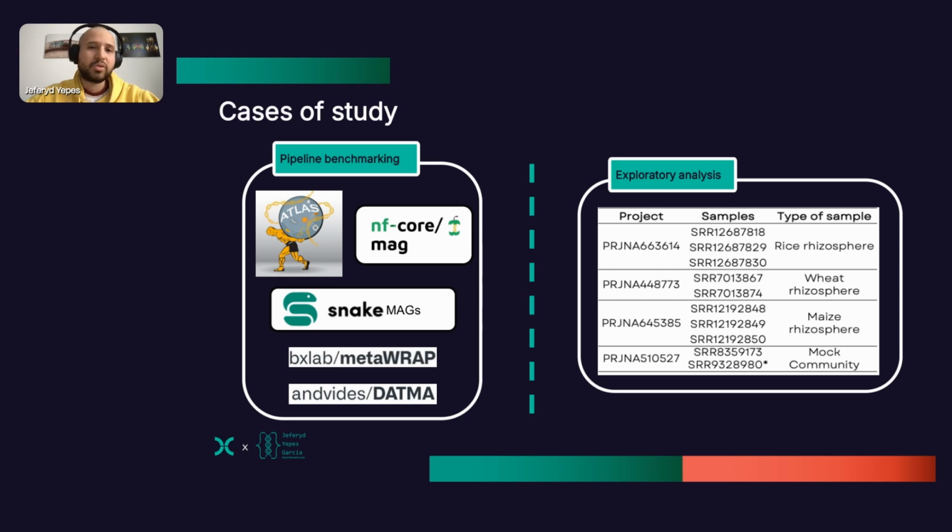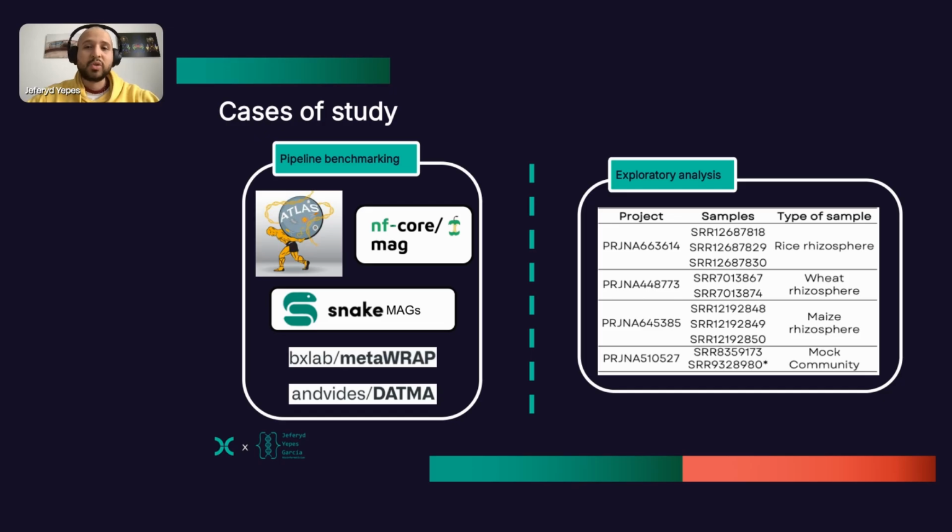We took the bins or the MAGs they produced, and then we ran MAGFlow, and with MAGFlow and BIgMAG we established some conditions to compare them and to see what the differences would be in terms of the quality of the bins or MAGs we are obtaining. And there is another aspect where MAGFlow and BIgMAG can be useful.